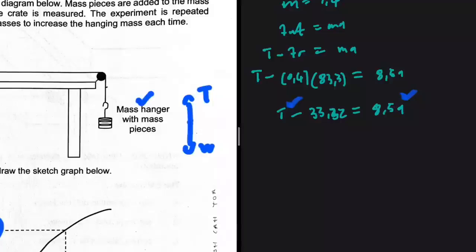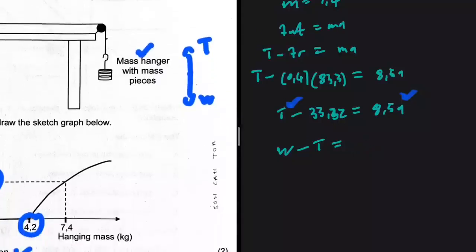It is going down because of the weight. So weight minus tension is equal to, not 8.5a, but the mass of the hanger, which is 7.4a. So 7.4 multiplied by 9.8 minus the tension is equal to 7.4a.